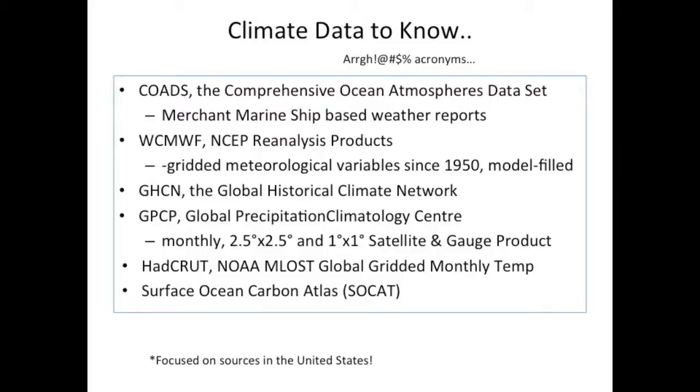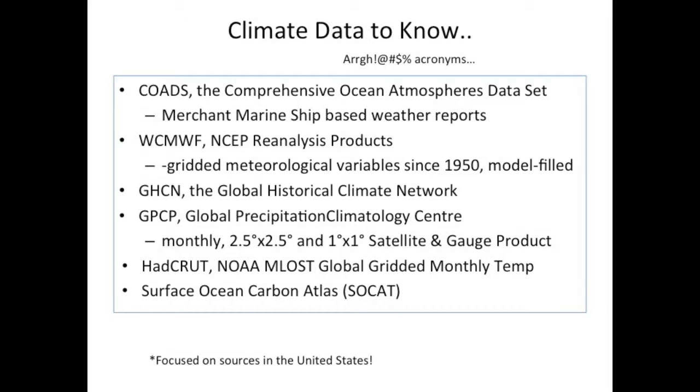And unfortunately, if you wade into the climate data, so now we're talking about climate, not paleoclimate, you've got to get to know this acronym soup. But a couple of data sets to know: COADS, the Comprehensive Ocean Atmosphere Data Set, the ECMWF and NCEP reanalysis products.